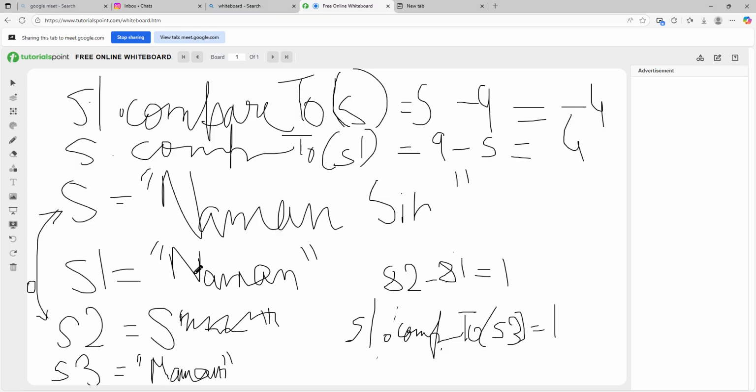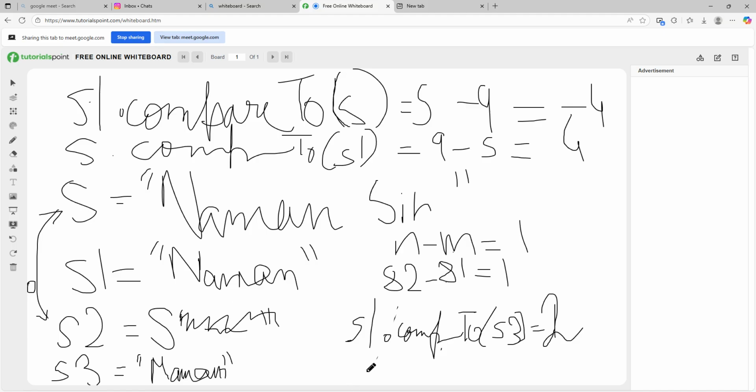Between capital N and capital M the difference is 1, and between small n and small m the difference is also 1. So the answer will come as 2. Basically it checks each individual letter and gives the difference between each letter. These are the same length.